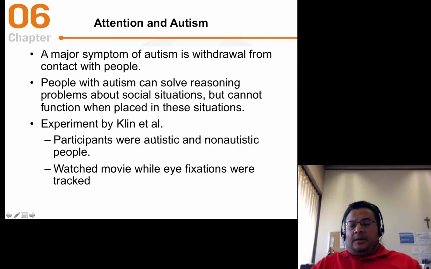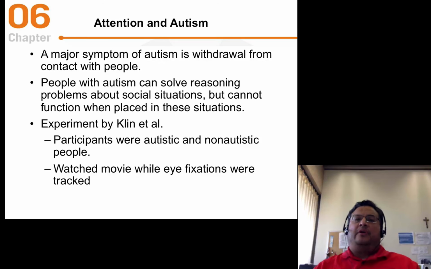Autism has been very interesting for a lot of researchers for many years because one of the cardinal traits of people that are diagnosed with autism is that they would withdraw from people. They do not want to interact with people, and when they do, it's apparent that it is generally a very aversive process for them.